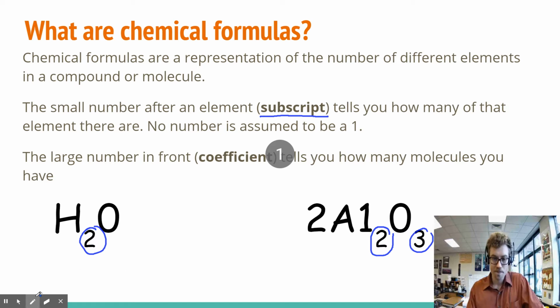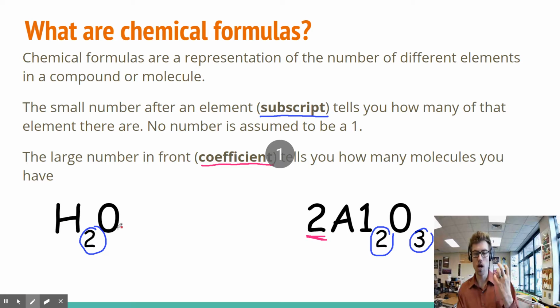Now, we also have another number. These are the coefficients. The coefficients are the large numbers out in front of the entire formula, and that's telling you how many of all of them you have. So the way that we would handle this, if we wanted to determine how many of each element there were, we would say, okay, I have H2O.